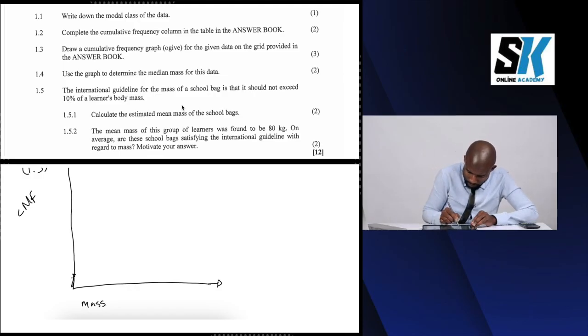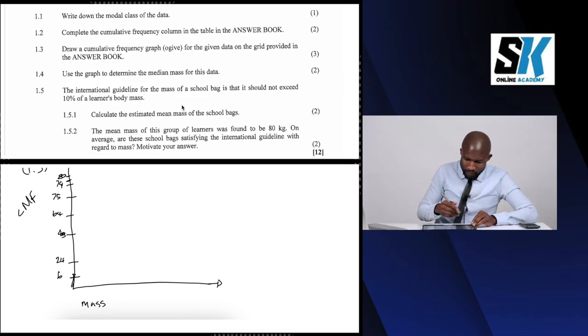So I'm just gonna say 6, 24, and then I'm gonna have 45, and then 64, 75, 79, and then 80 there, and then just below 45, we're gonna have 40.